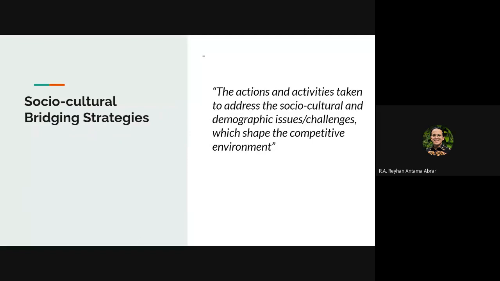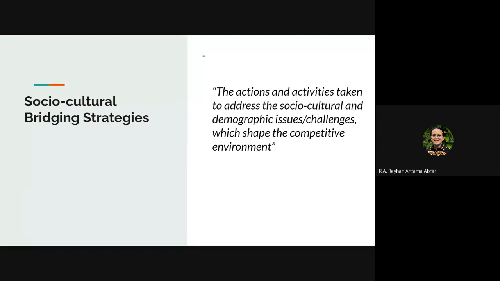And the last one argues that socio-cultural bridging strategies are also important because there are relatively many cultural differences between advanced economies and emerging market economies, as well as issues including political heritage and historical heritage.